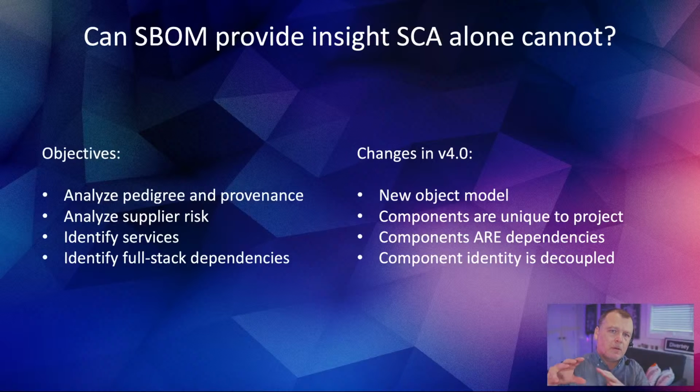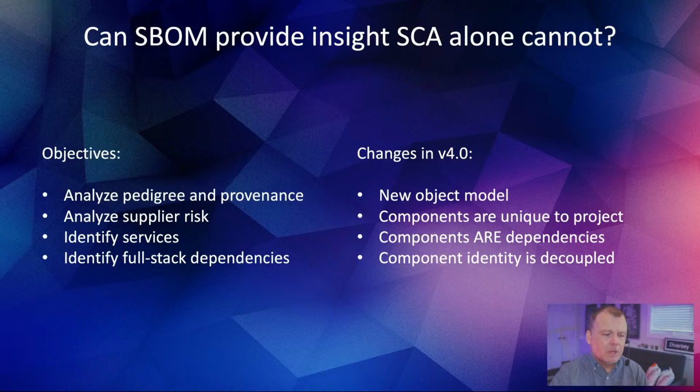So every component is now unique to the project, which means all that metadata, the hashes, the license, the pedigree information, is now unique to that project, not a global thing like it was in 3.0. That's going to allow us to do some of this pedigree and provenance type of analysis in the future. That's going to be really great.